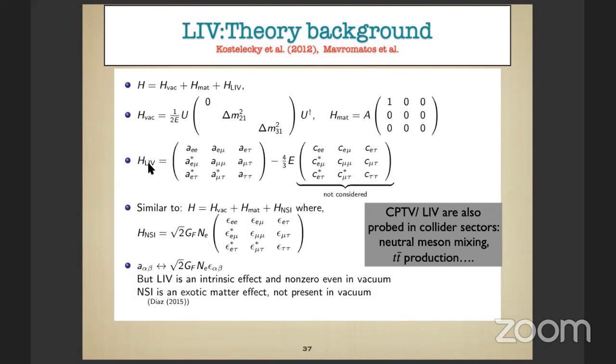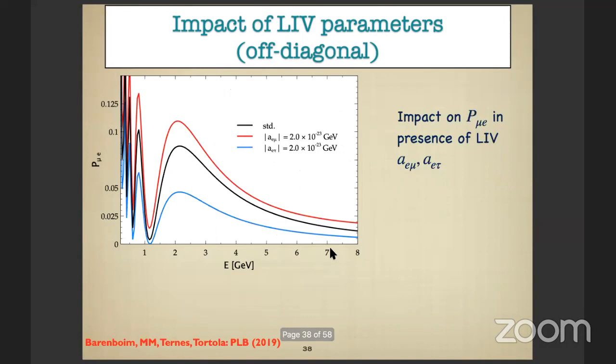On the other hand, in the case of LIV, these A alpha beta are intrinsic parameters which may be present even in vacuum. This important distinction was first shown by Hooper and collaborators in their paper. Anyway, with this background, let us now see how the LIV affects probability.